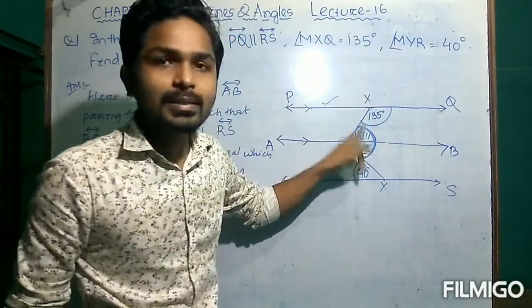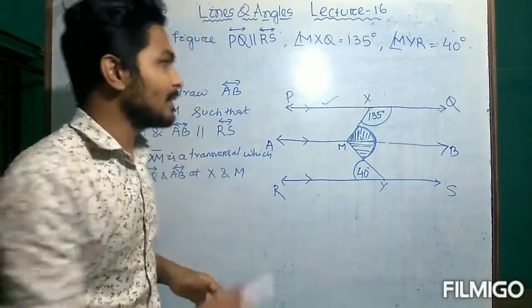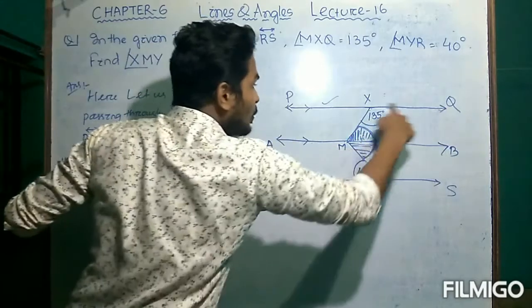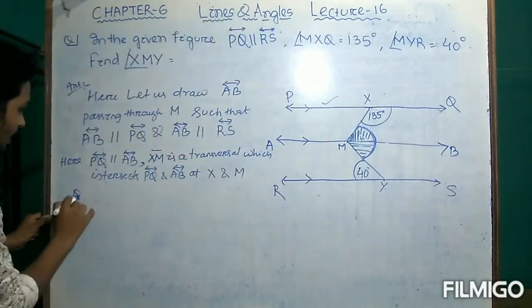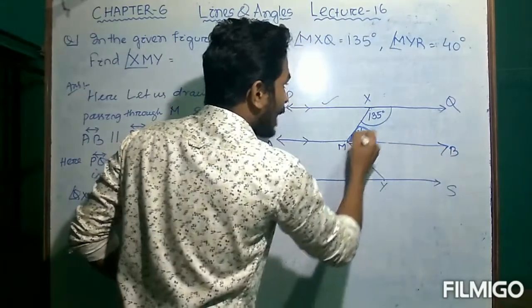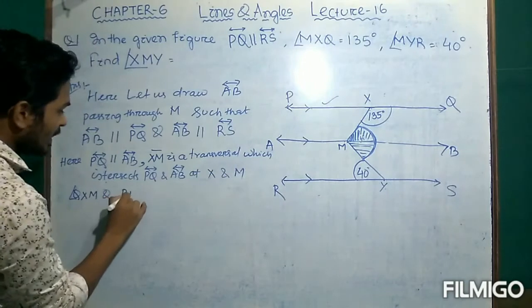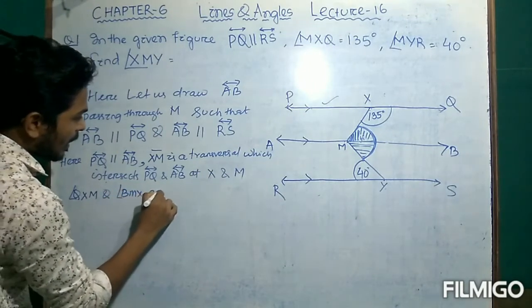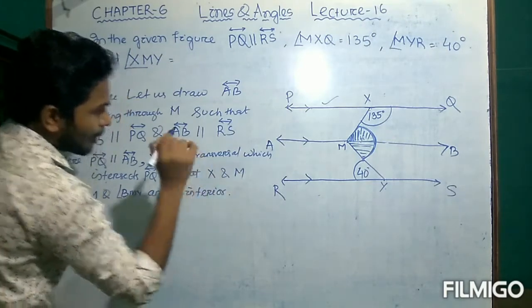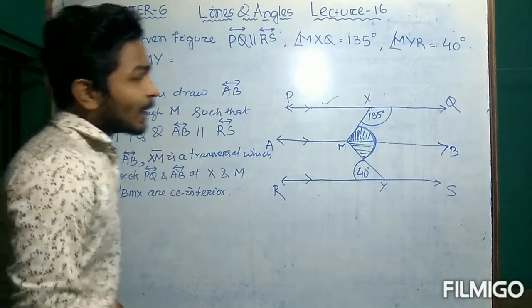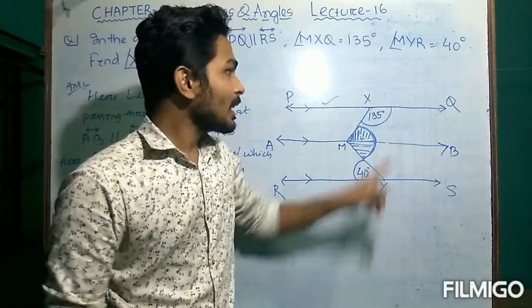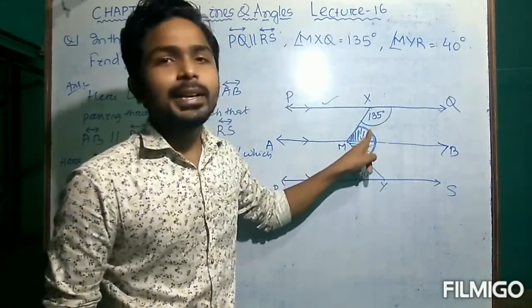Hence, these two angles, QXM and BMX, are co-interior.